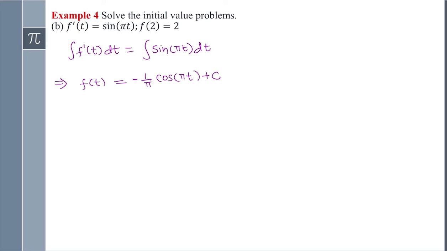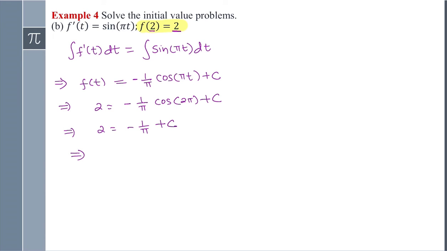Now we are going to use this initial condition. It says when t is 2, the value of the function is 2. So 2 equals negative 1 over pi cosine of, since t is 2, 2 times pi, which is 2 pi, plus c. We know that cosine 2 pi is the same as cosine 0, which is 1. So 2 equals negative 1 over pi plus c.